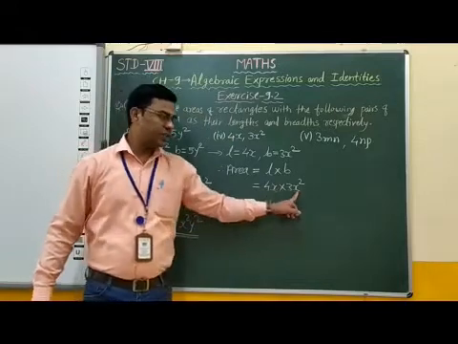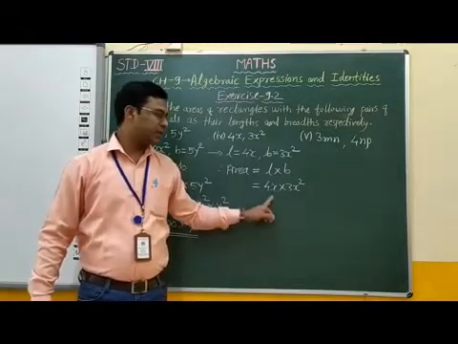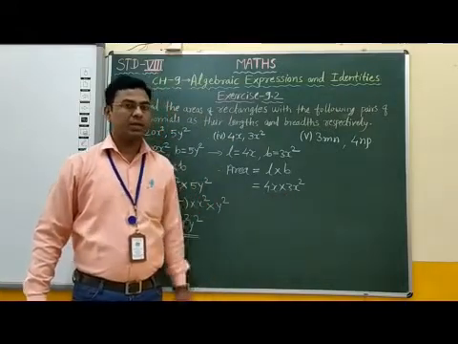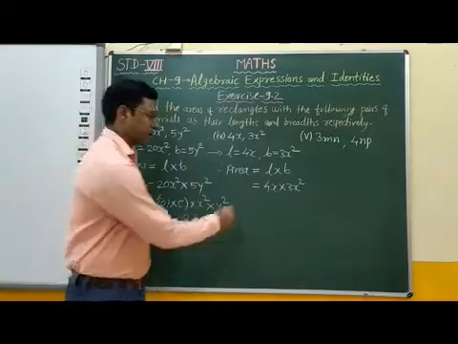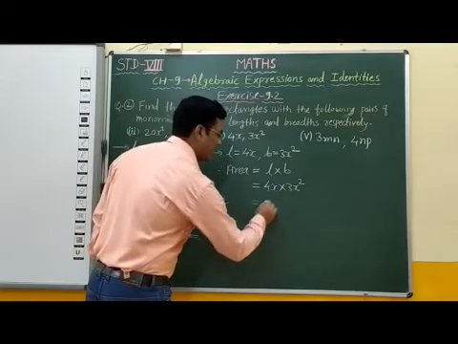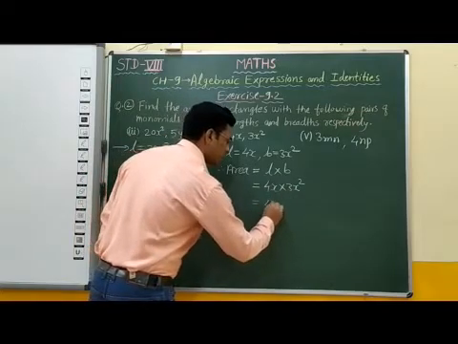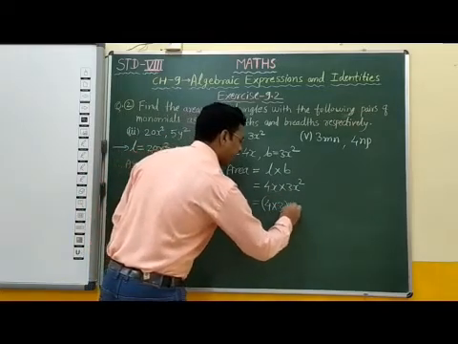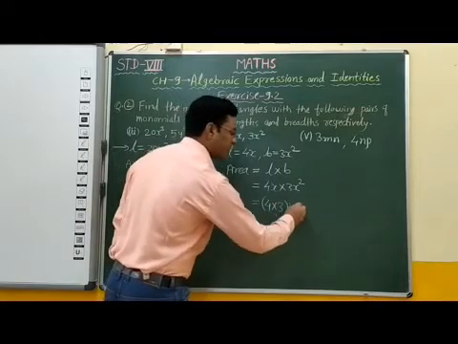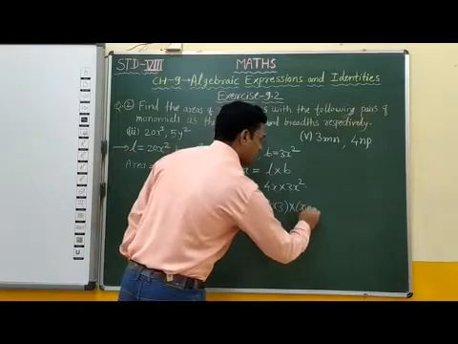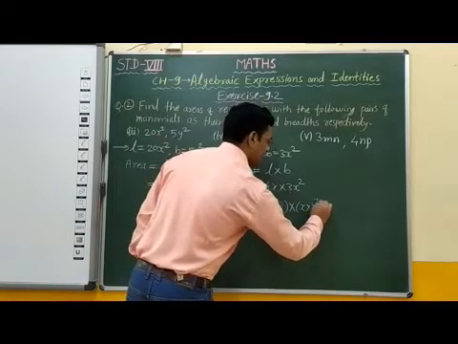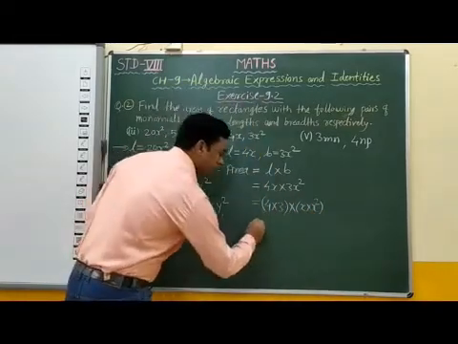Now here is multiplication of two monomials, that is 4x into 3x square. Therefore first of all we have to multiply their coefficients. Therefore 4 into 3 in one bracket and x into x square, that is variable with same base. Now 4 3 are 12.